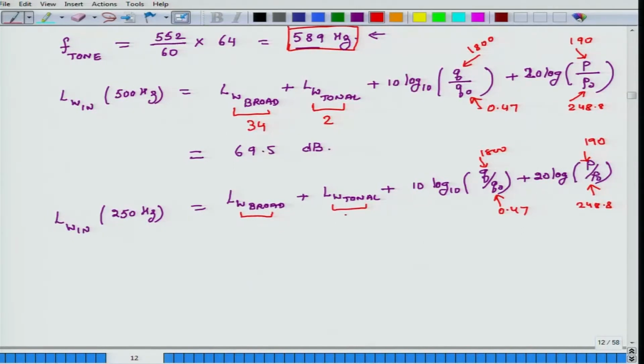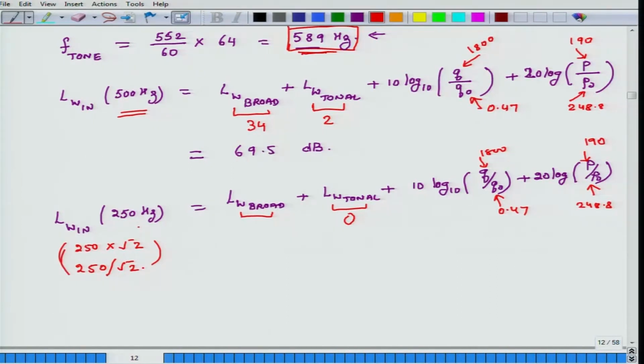It will be 0. Why? Because this frequency lies only in the 500 hertz band. It does not lie in 250 hertz band. Okay? We saw that. What does 250 hertz band mean? It means all the frequencies lying between 250 times root 2 and 250 divided by root 2.